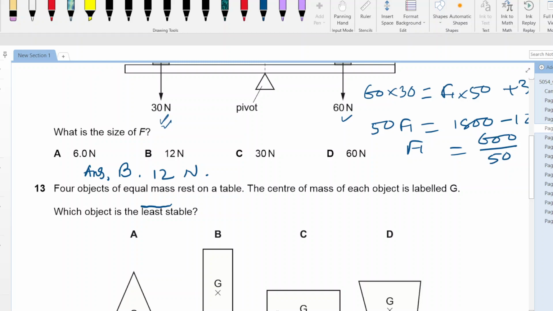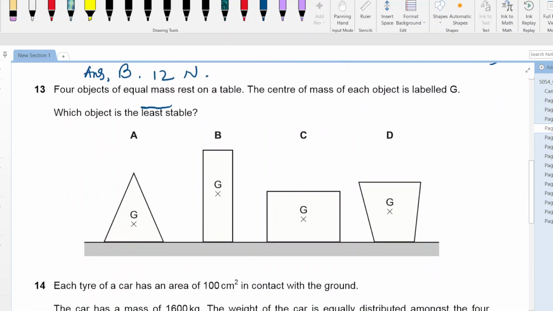Four objects of equal mass rest on a table. The center of mass of each object is labeled G. Which object is least stable? For stability, two things are required: the surface area and the height of the center of mass from the surface.